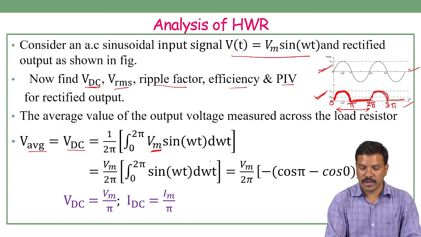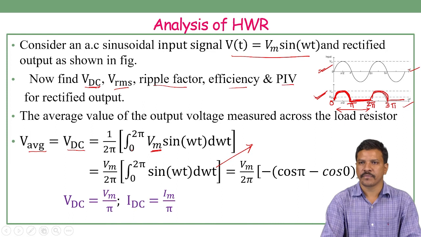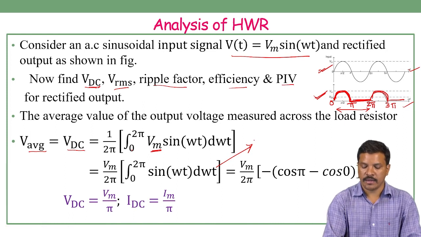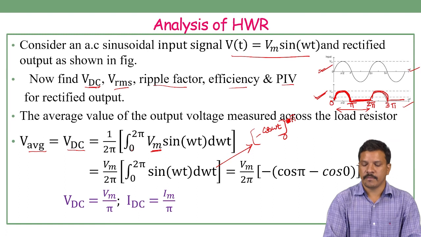Then find out this integration. Apply the integral 0 to pi of sin omega t. What is the integration of sin omega t? It is minus cos omega t. Apply the limits 0 to pi: minus of cos pi minus cos 0.